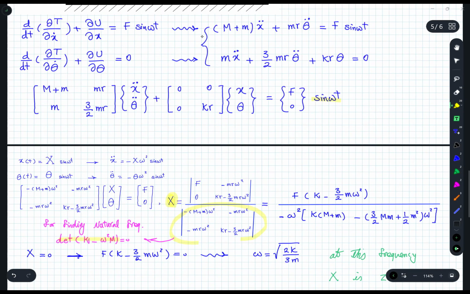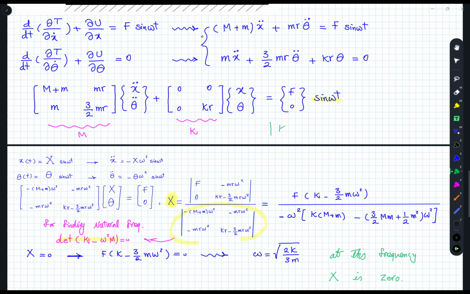You have your matrix M, you have your matrix K, so you can write the determinant of K minus omega squared M equals 0, and this gives you the natural frequency.